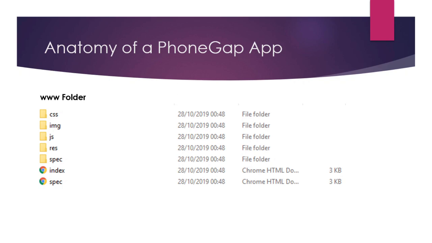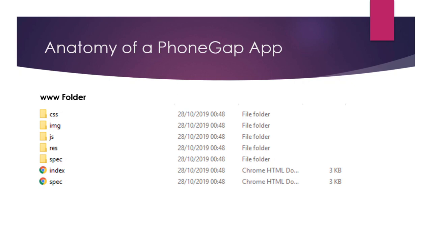So once your PhoneGap application is installed or tested and it is ready, it initializes. Then the first file it will look out for is your index.html file. This is a very important thing that you have to really note when building a PhoneGap application.